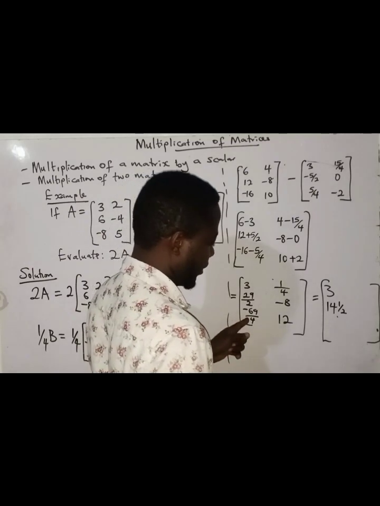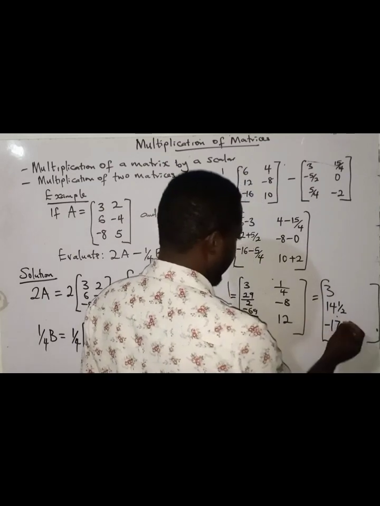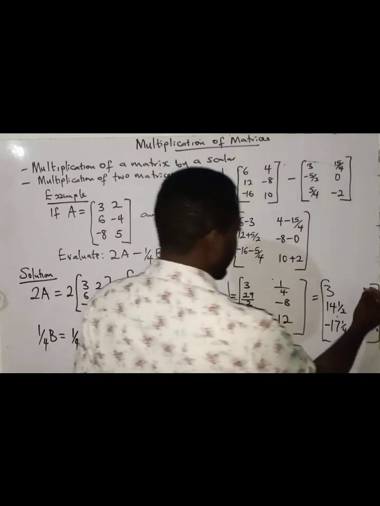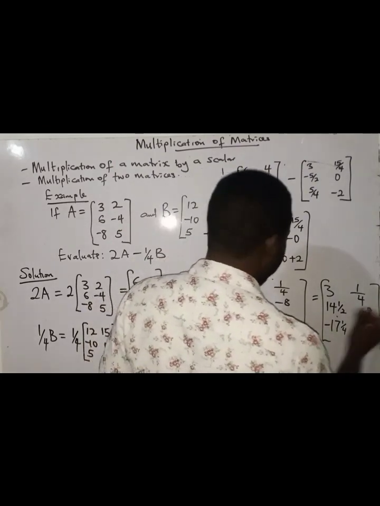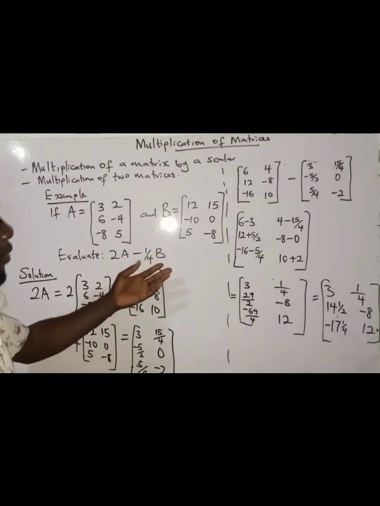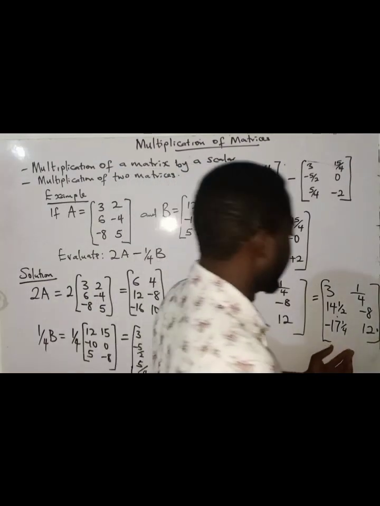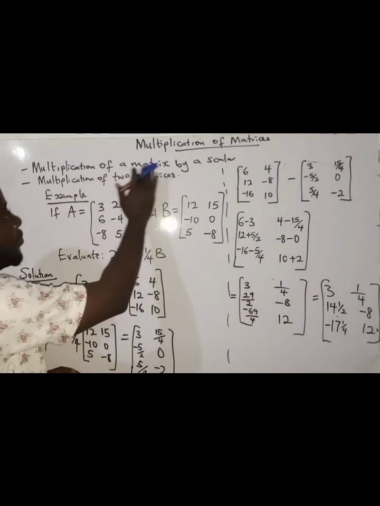So that means this is going to be minus 17 whole number, 1 all over 4. And this one will be 1 all over 4, minus 8, 12. Now, that's going to be our final answer. So the final answer for 2A minus 1 over 4B is equal to these elements. So that is how to solve questions involving multiplication of a matrix by a scalar.